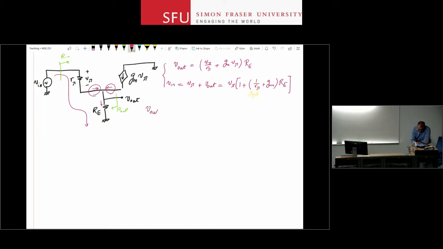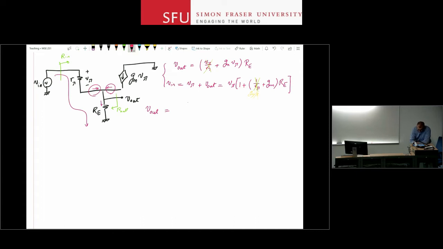So V out is going to be eventually, and again, I'm going to ignore this 1 over R pi factor when it is added to GM. So this 1 over R pi I ignore here, and this 1 over R pi I ignore here. It gives me simpler equations.